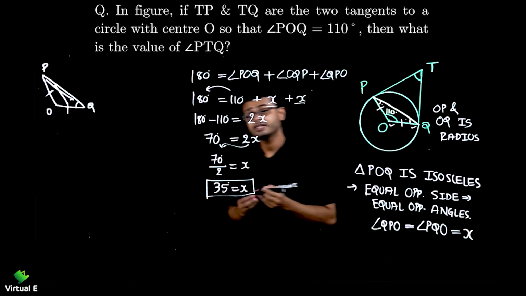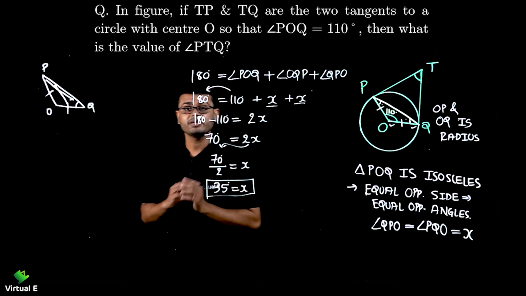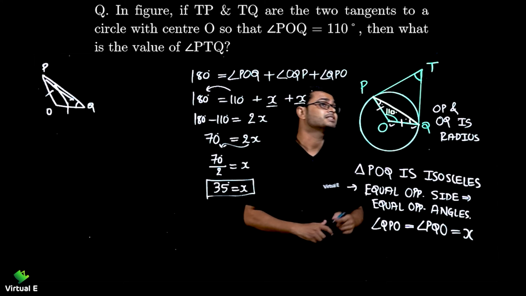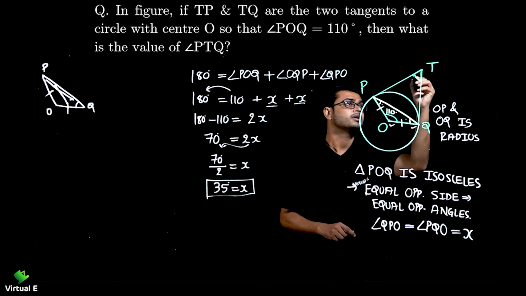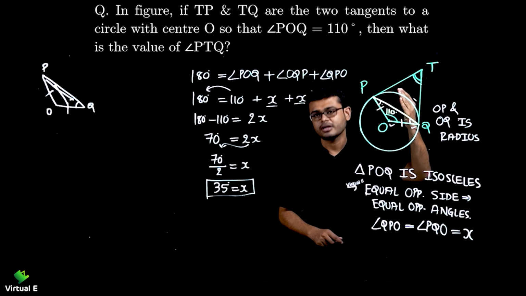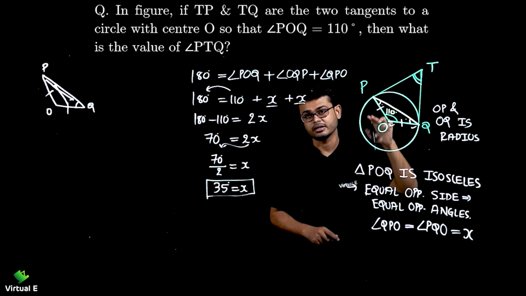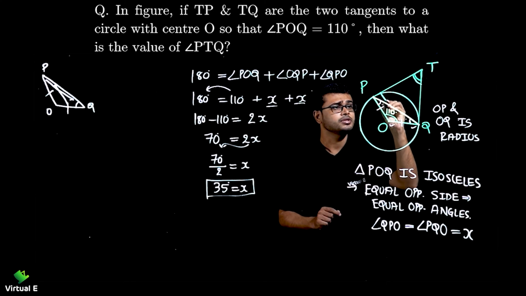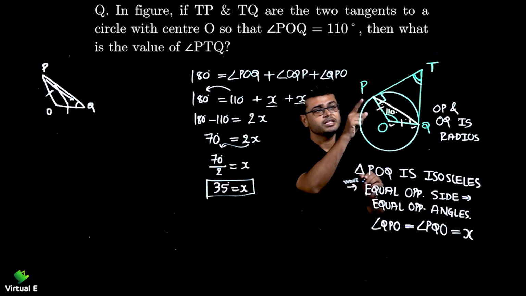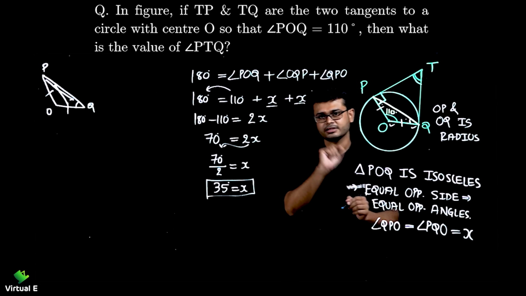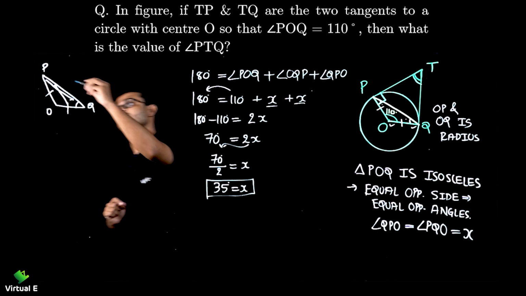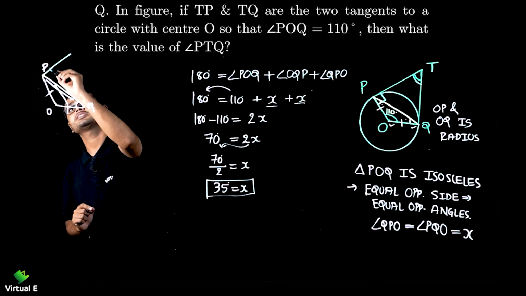Now why are we finding those two angles? What is the reason behind finding them? You can see that I want to find this angle PTQ, and that belongs to another triangle. Though I am finding these two angles, we know that the tangent makes 90 degrees with the radius at the point of contact. This is 90 degrees.